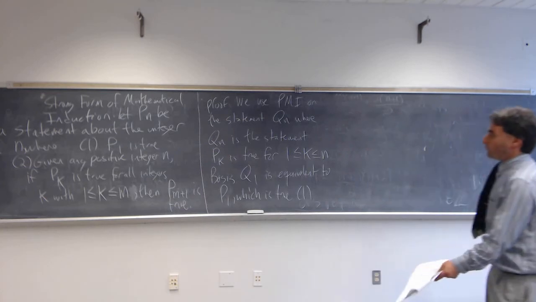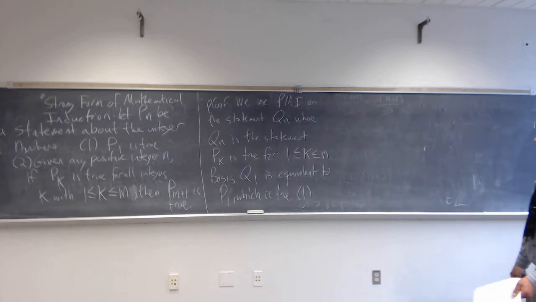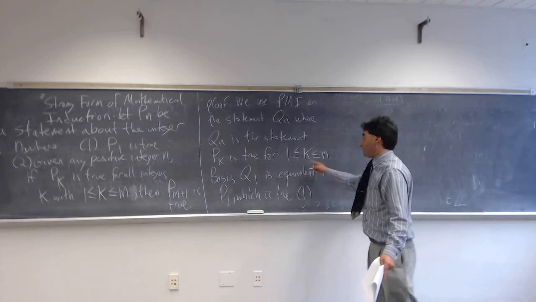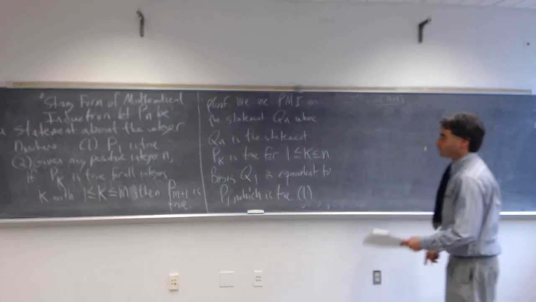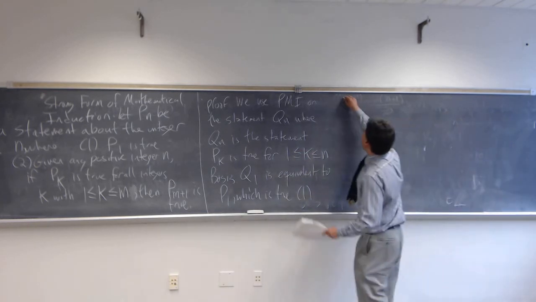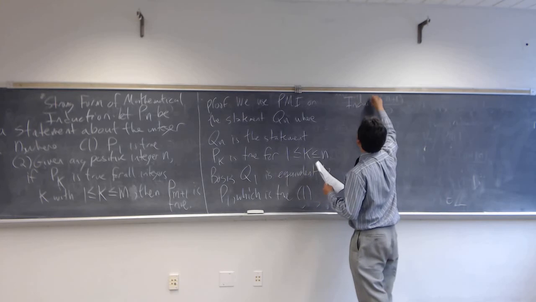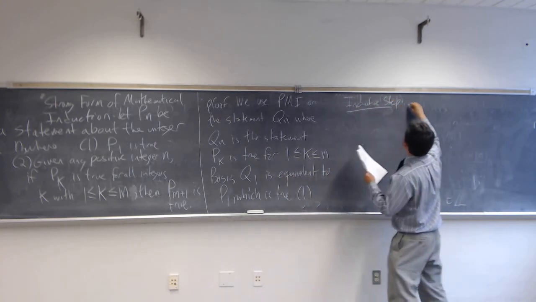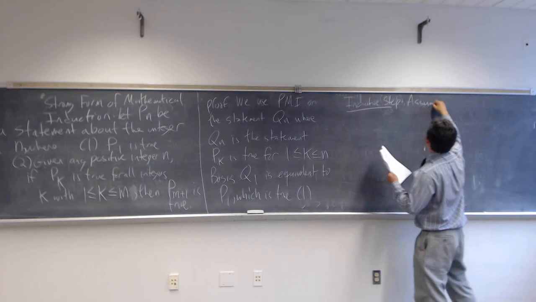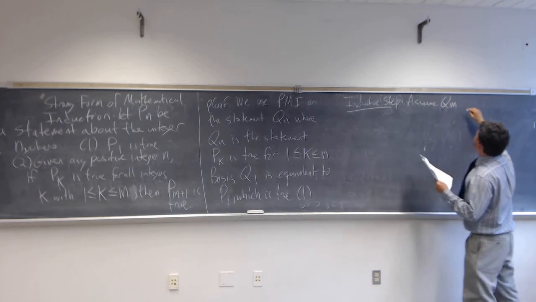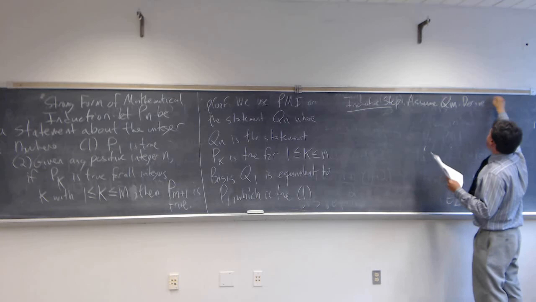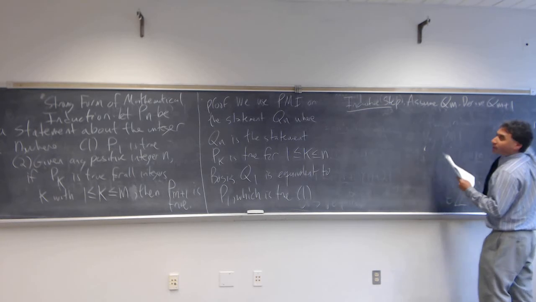Something is true for all integers k between 1 and 1. Well, that's just the same as being true exactly for 1. So now the inductive step. So we assume Qm and derive Qm plus 1.